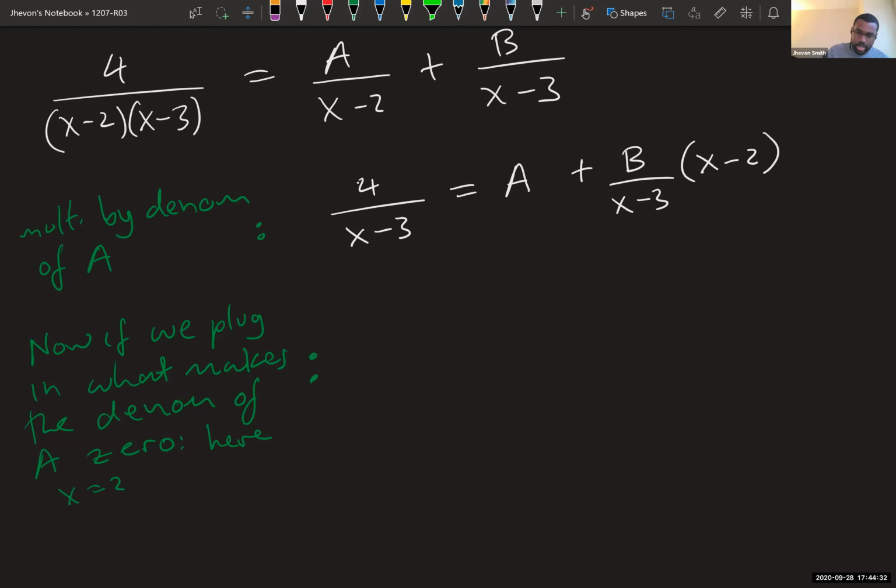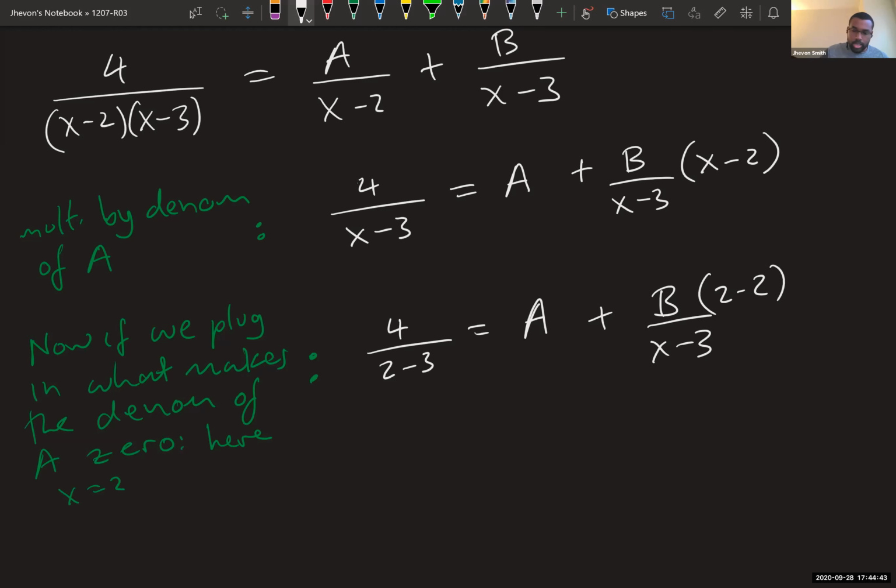I would obtain 4 over 2 minus 3 equals a plus b times 2 minus 2 over x minus 3. So you see that this part here is going to go to 0, and I'd be left over with a.